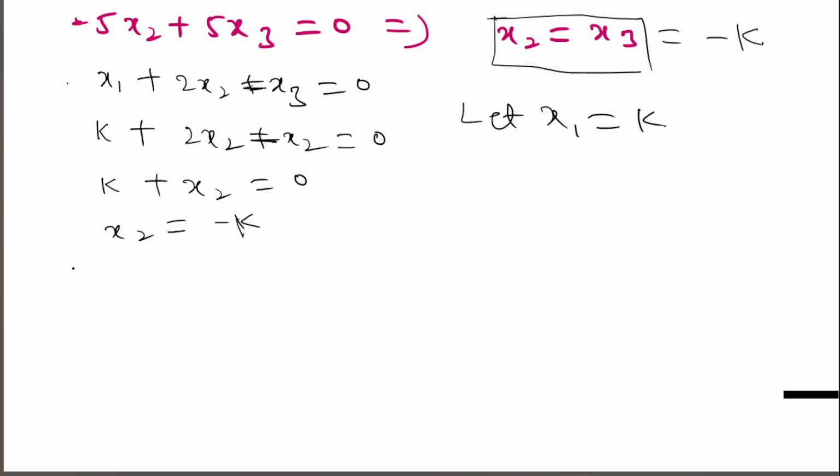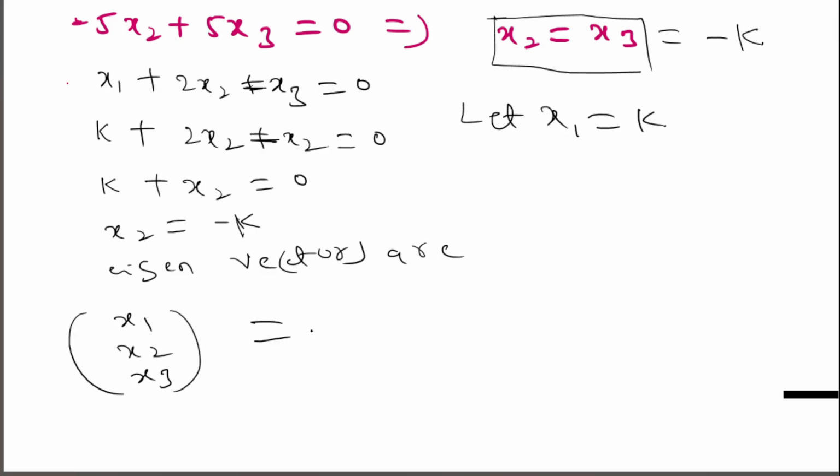Then the eigenvectors are x1, x2, x3, that is equal to: x1 value we have taken as k, x2 is minus k, and x3 is also minus k.